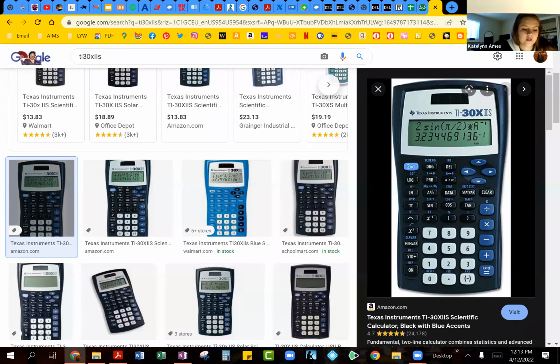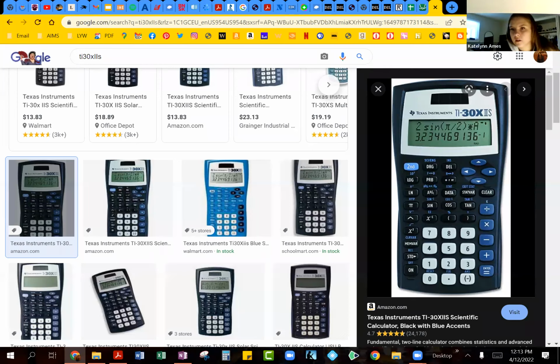The way the calculator works when you try to do the nCr is you will have to type the n value first. So you would first do 10 on your calculator. Then you would go under probability, use the right arrow key to get to nCr, hit enter, and then type in the 3. So on the calculator, it works a little bit differently than Desmos does.